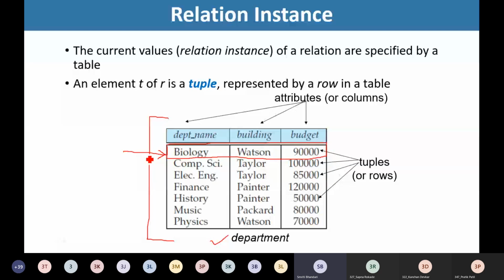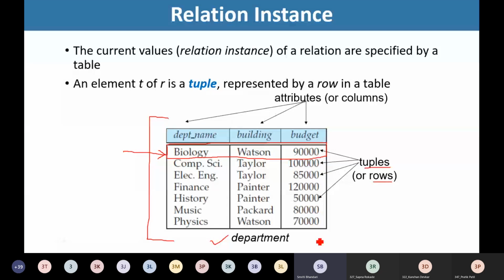Okay, so an element t of this relation r is a tuple, and tuple is actually represented as a row. So horizontal row is also called a tuple in my relational model. Please remember, row is a tuple.